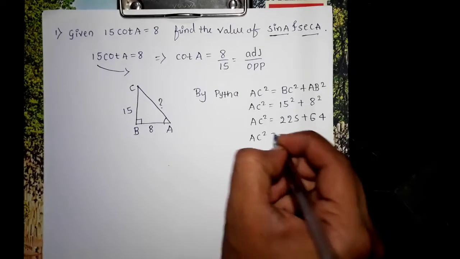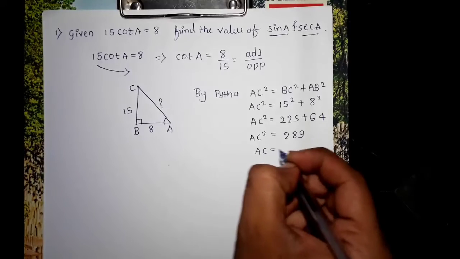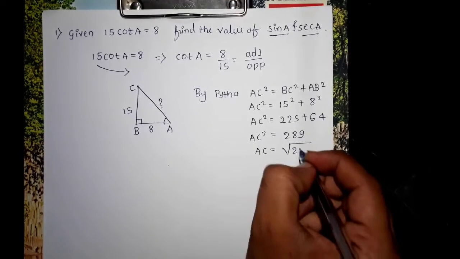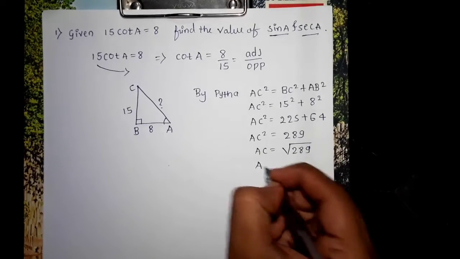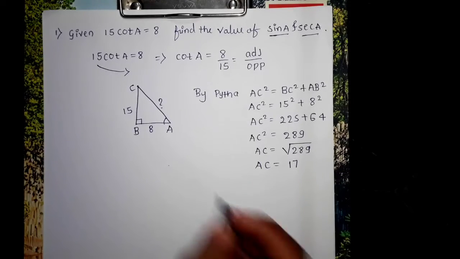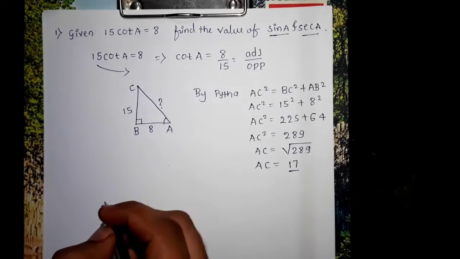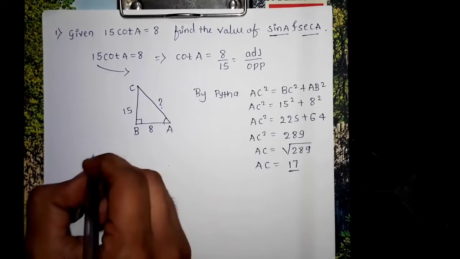Again AC square is equal to 289. Again AC is equal to root of 289. AC is equal to 17, 17s are 289. We got AC. What is AC? It is 17.